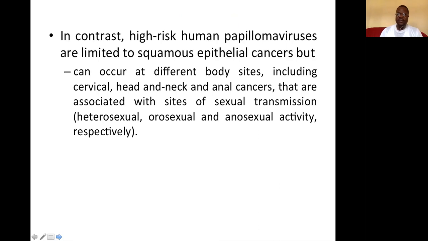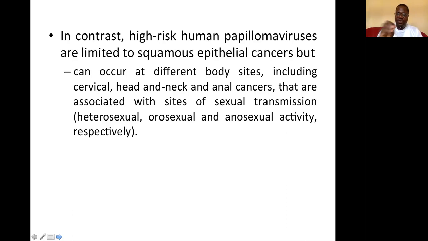But in contrast, human papillomavirus can infect mainly the cervix, causing cancer of the cervix, but it can also develop cancer in the head, the neck, and the anal region. It's all because of human papillomavirus. So this has affinity with different types of cells.